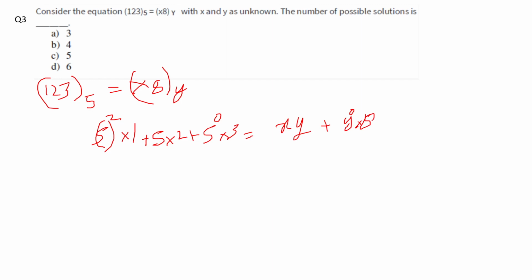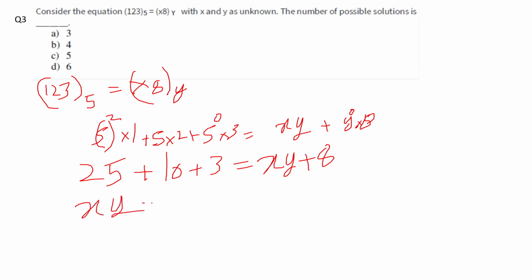So this is equal to 25 plus 10 plus 3 equals xy plus 8. So xy is equal to, summing it up, 35 plus 3 is 38, and 38 minus 8 is equal to 30. So the product of x and y is 30.